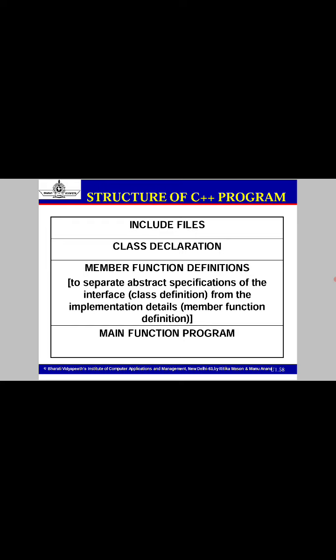The next part is the declaration of classes, how to create classes by using the class statement. Next is member function definitions, meaning to separate the abstract specifications of the interface, the class definition, from the implementation details. Then comes the main program.